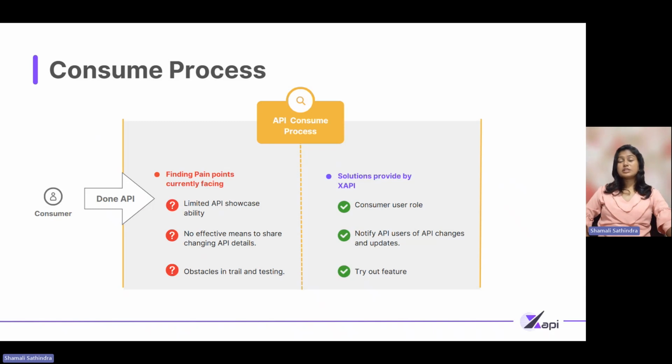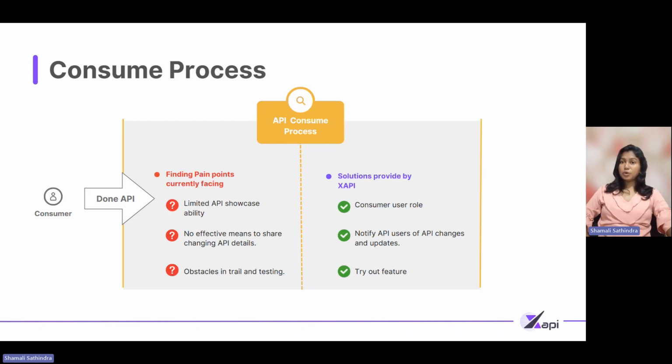XAPI introduced the consumer user role. This user role enables organizations to share their APIs with external stakeholders with features like history view, diff view, and inline commenting. So organizations can interact with consumers effortlessly, and they can also effortlessly track the consumers' feedback.